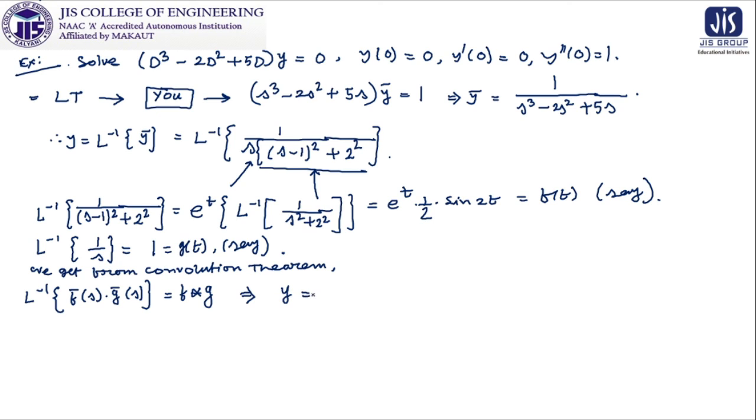y is equal to the Laplace inverse of this whole expression, which by the convolution theorem can be written as the integral from 0 to t of f(u) g(t minus u) du, or from 0 to t of g(u) f(t minus u) du.